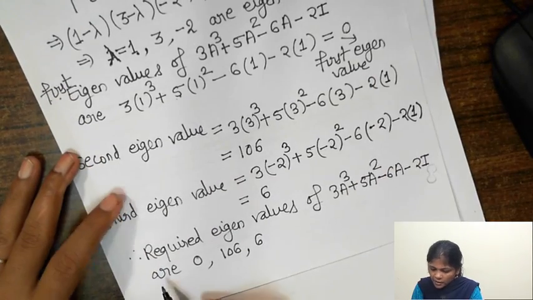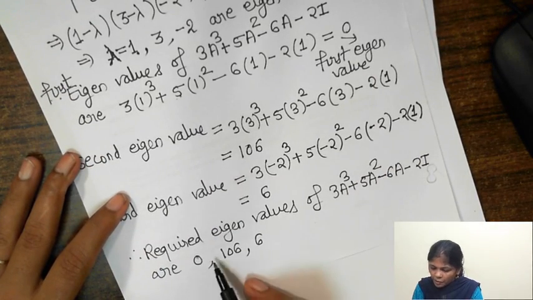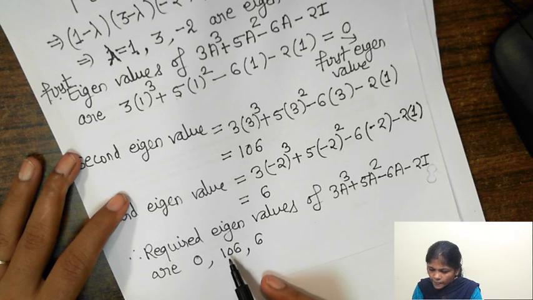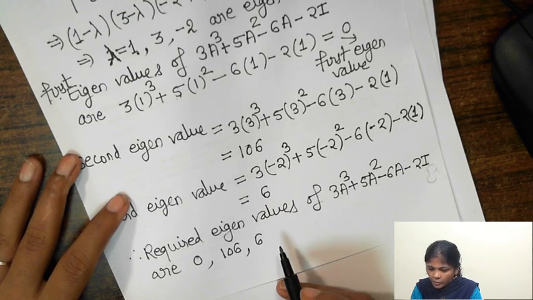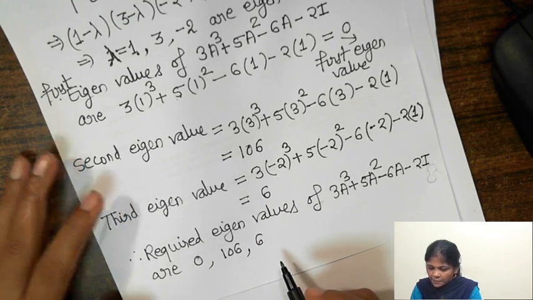Like this we got the values for this matrix. I hope the process is clear to you all. So this is all about the first example.